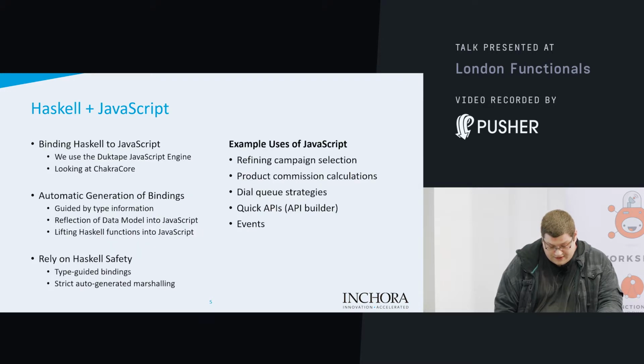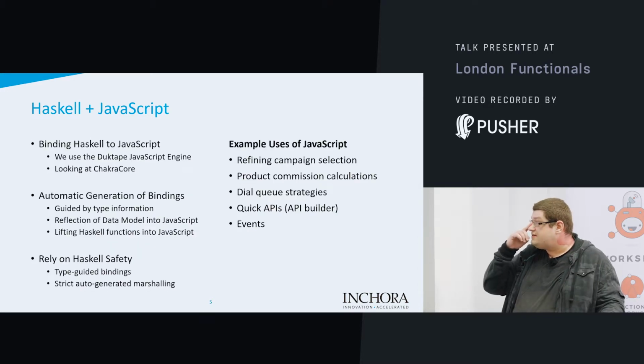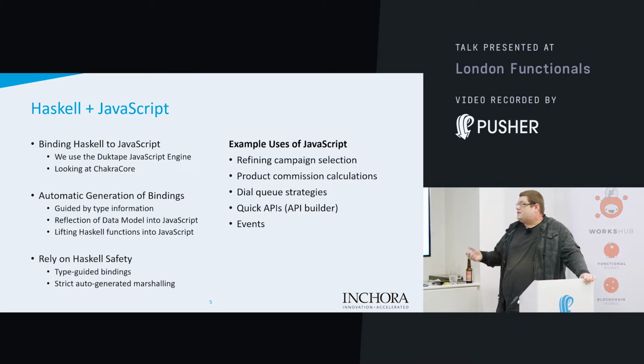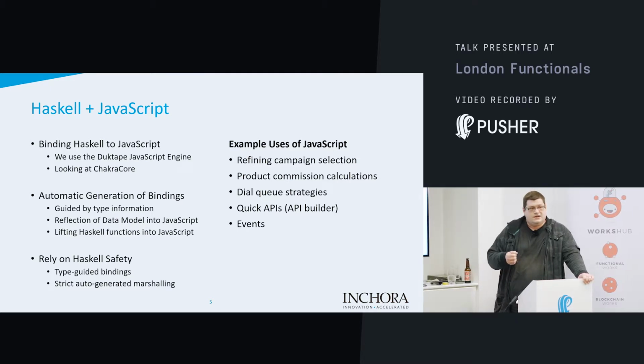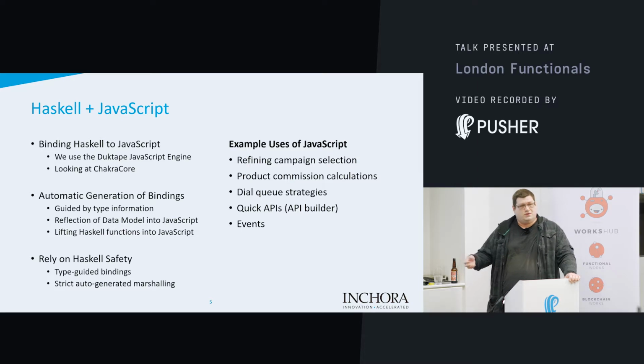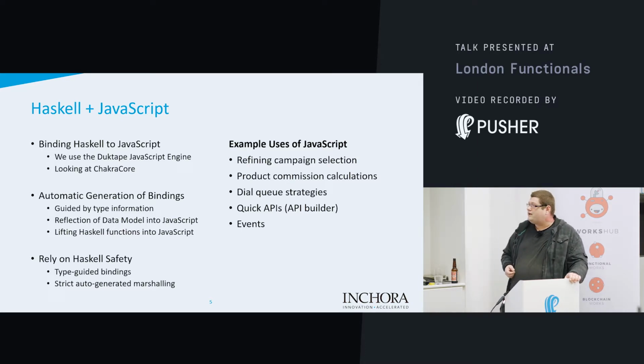And one of the nice things about Haskell is that we have this type system. We have all this type information about everything that is available. So we're able to automatically generate bindings into JavaScript. In essence, every single entity that we have in our data model, barring some particulars, we're able to automatically generate all the, if you want to say, JavaScript classes for every single one of them, all the prototype functions.